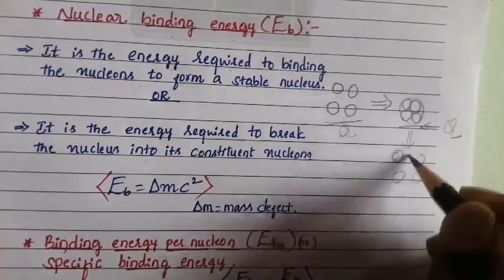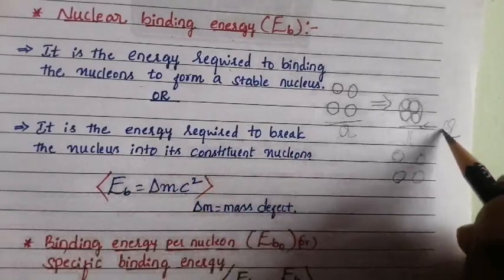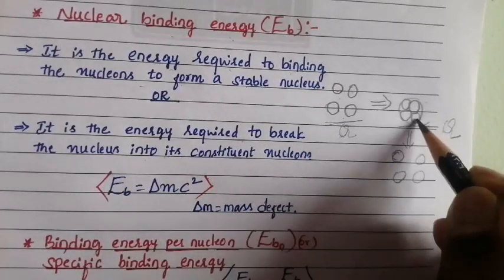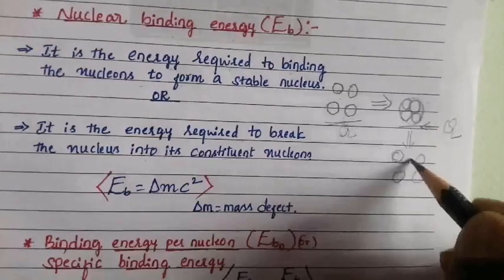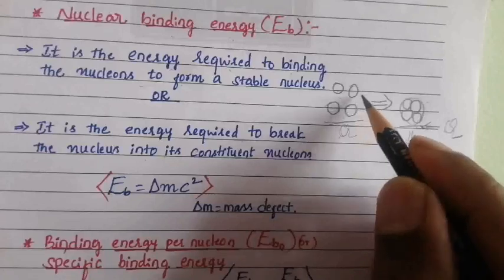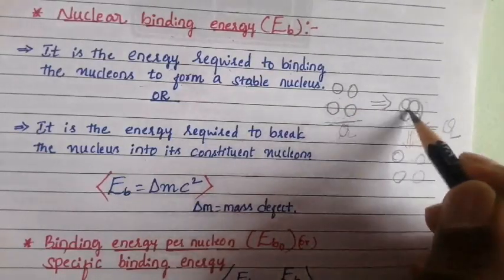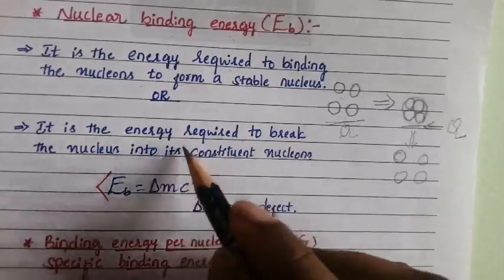So this is also the definition of nuclear binding energy. It is the energy required to break the stable nucleus into 4 nucleons, or it is the energy required to bind all the 4 nucleons to form a stable nucleus. So that is called as binding energy.